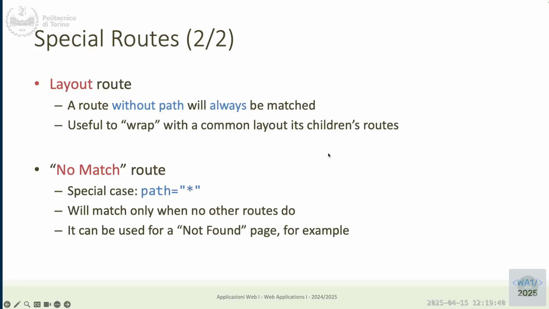And there's no path specified. You always want to render it. Actually, it could also be put outside of the route component, but in nesting you cannot maybe put everything outside. And there's this asterisk that will match everything else if we want to show an error message and so on.